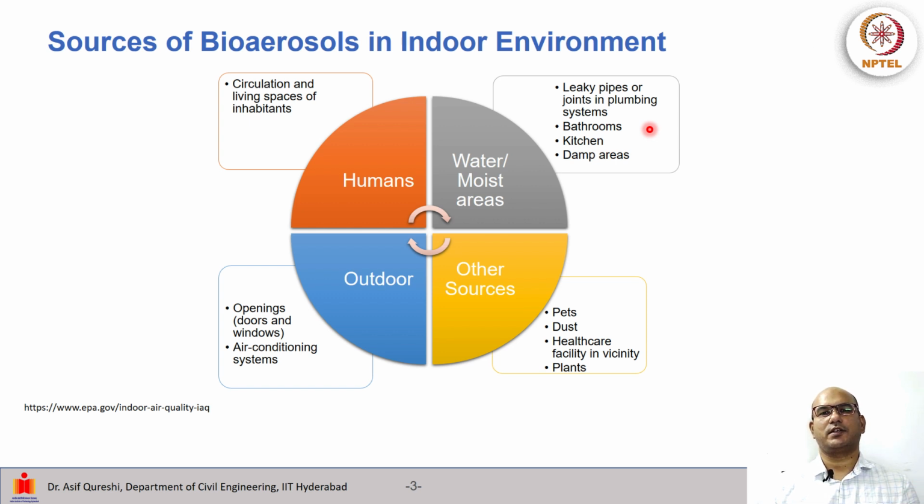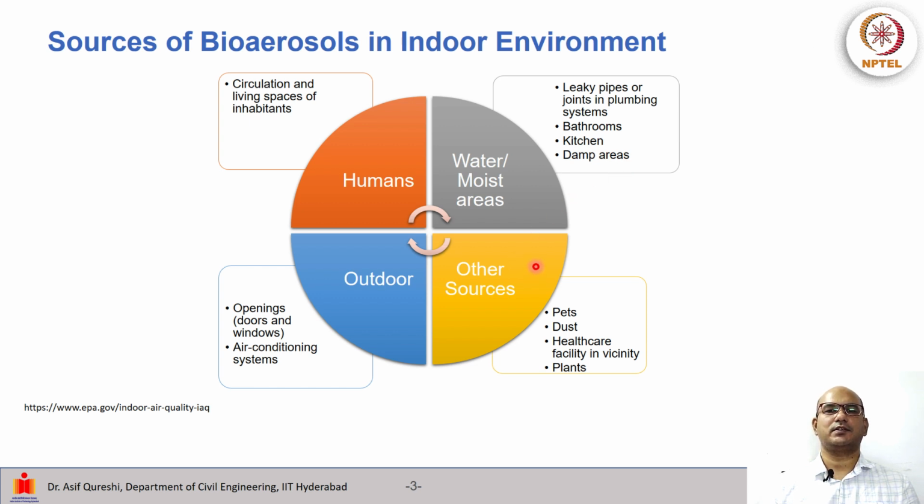And then if the water is coming through the shower, then again we have aerosolization. In the kitchen, if we have stale food, or the counter tops have not been cleaned for some time, then bacterial or microbial growth will happen, and then we will be exposed to those bioaerosols. And also in other damp areas, wherever they may be, even if they are small pockets, we will have bioaerosols.